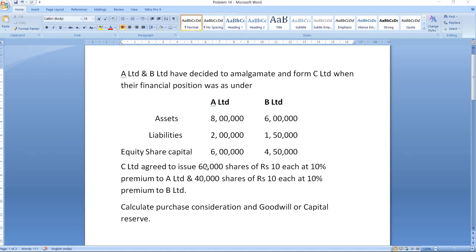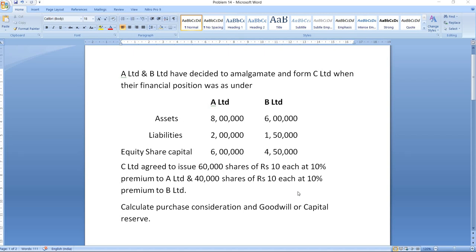C Limited agreed to issue 60,000 shares of rupees 10 each at 10% premium to A Limited and 40,000 shares of rupees 10 each at 10% premium to B Limited. Calculate purchase consideration and goodwill or capital reserve.